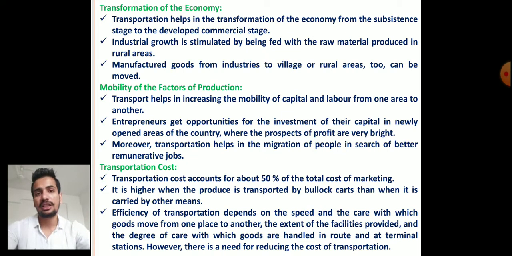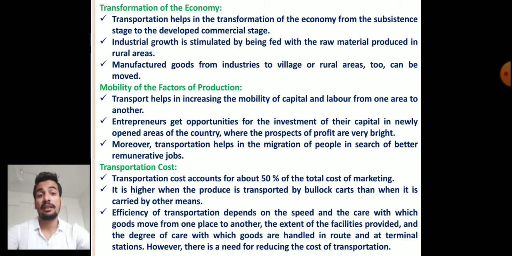The transportation cost is higher when the produce is transported by bullock carts than by other means. Efficiency of transportation depends on the speed and the care with which goods move from one place to another, the extent of facilities provided, and the degree of care with which goods are handled en route and at terminal stations.